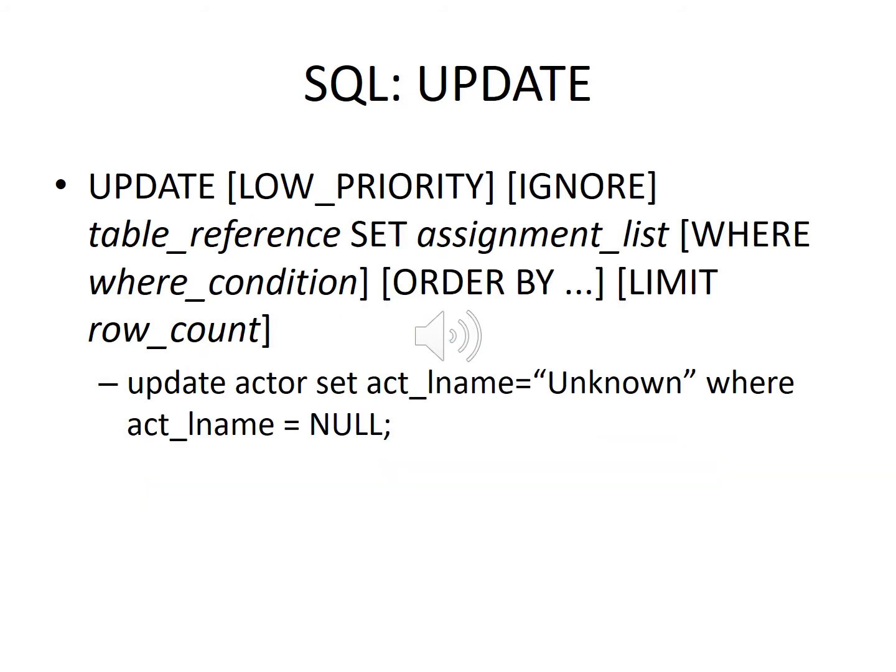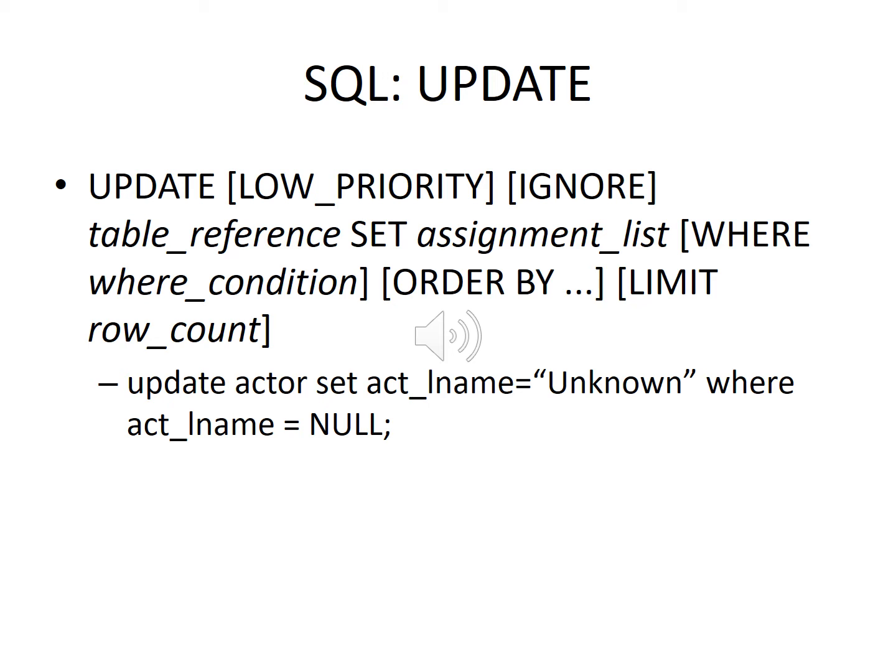Update is another keyword that will let us perform manipulations on the data. Let's say we want to search for missing data in the database and change their values to something that we would need to use in our analysis.